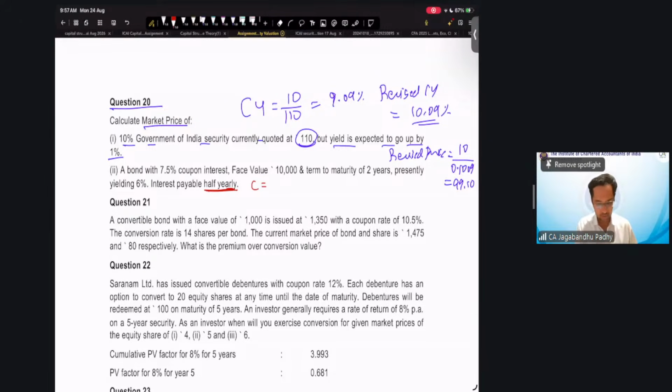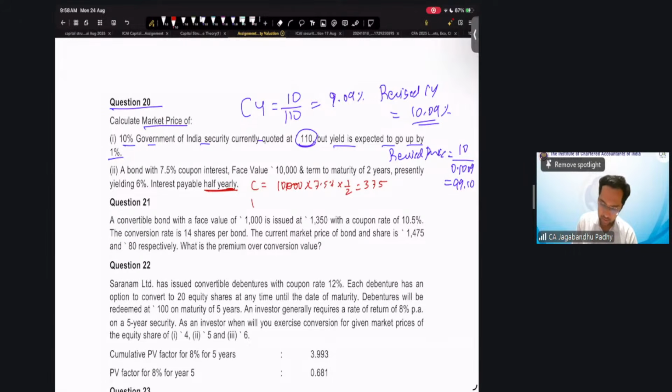Since the face value is 10,000, on that you take 7.5%, right? So it's 10,000 into 7.5% into half year, because you're going to get coupon for only every 6 months. So that's into 0.5, which is 375. So coupon is 375.